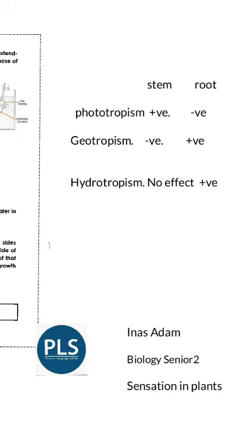And finally, don't forget, dear students, tropism occurs only in one condition: when the plant is subjected to a stimulus from only one side.